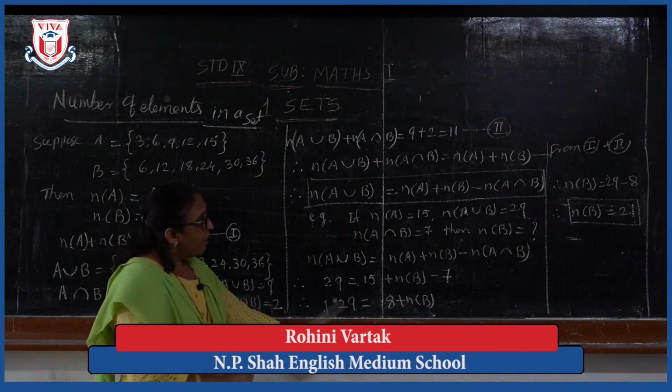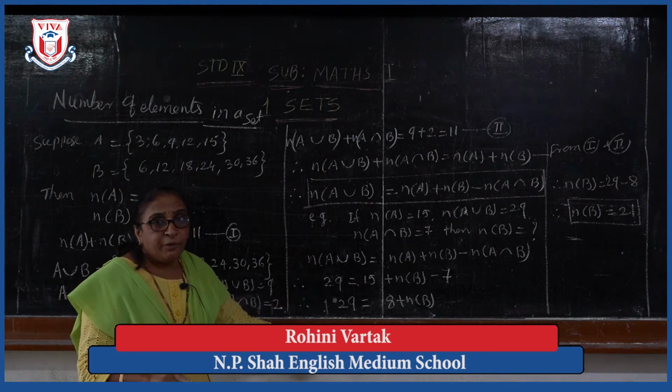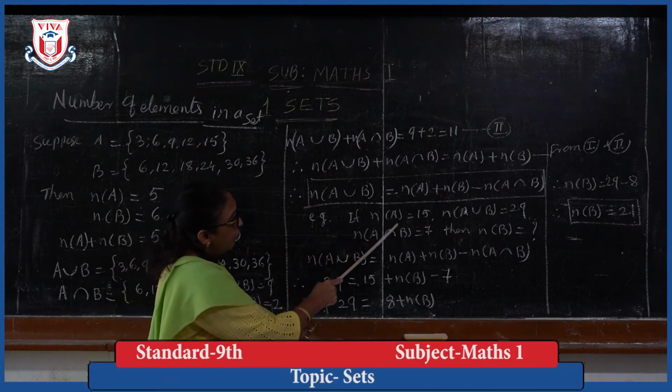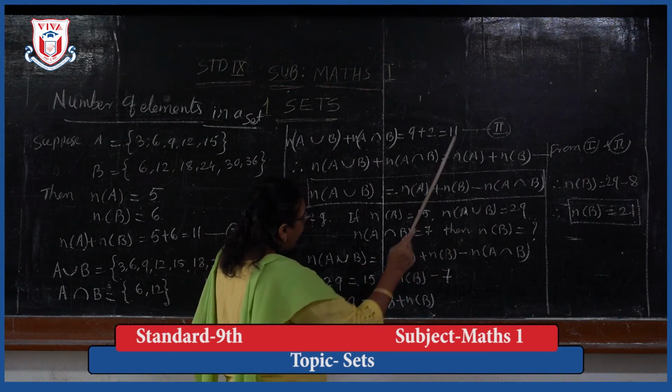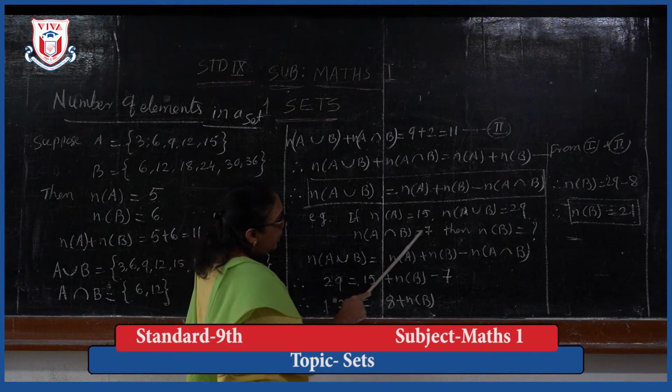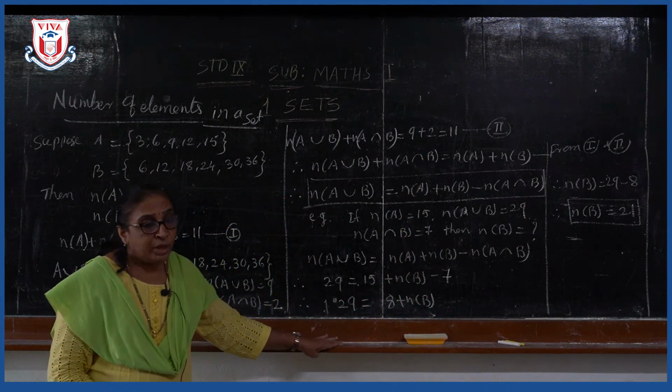We will take one example here. It is from practice set 1.4. The first example: if n of A is 15, n of A union B is 29, n of A intersection B is 7, then n of B is equal to how much?